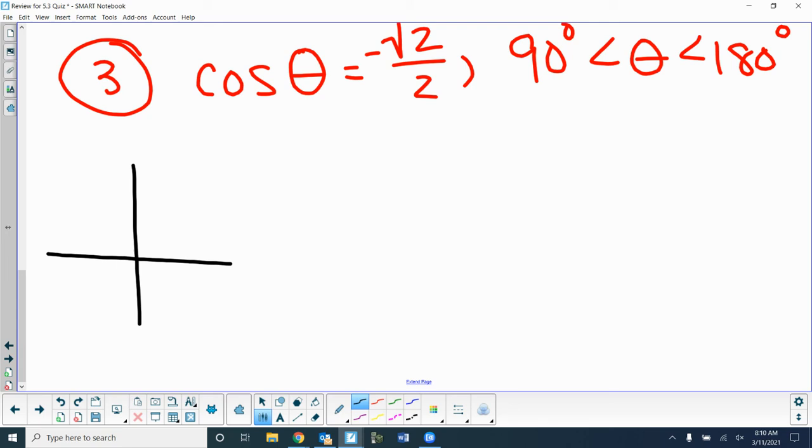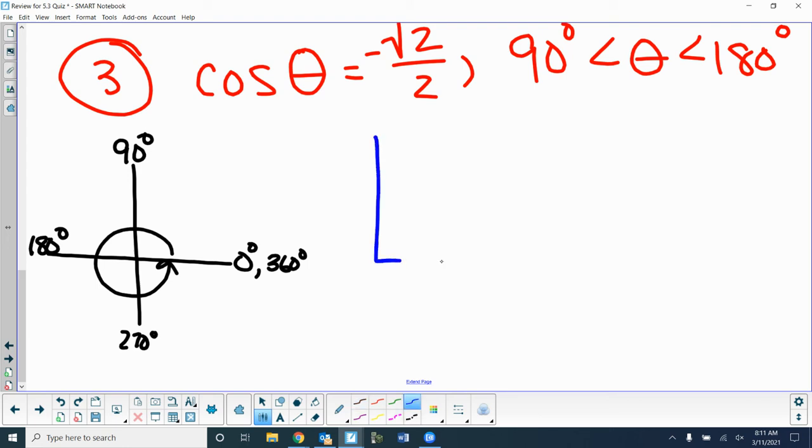Again, look, here's 0 or 360, here's 90, here's 180, here's 270, because we're going this direction, positive. So it tells us we're between 90 and 180. So my picture is in the second quadrant.